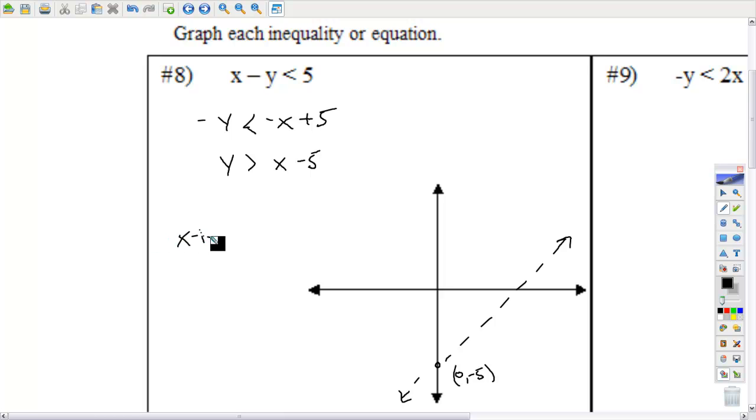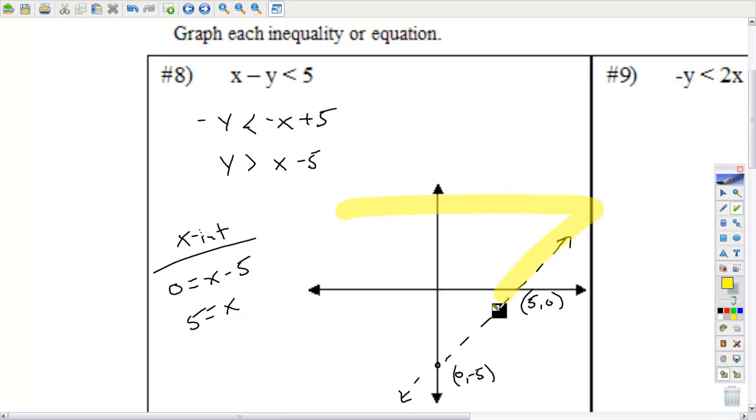X-intercept, put 0 in for y in the boundary. X-intercept of 5. It says y is greater than, which is above for the y values. So it should be shaded above.